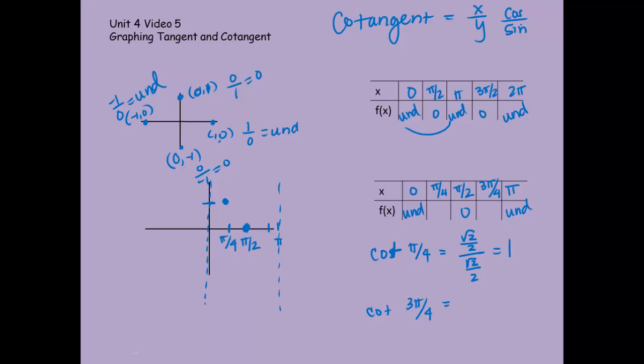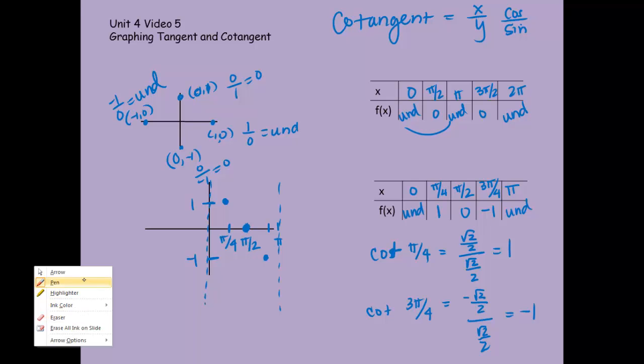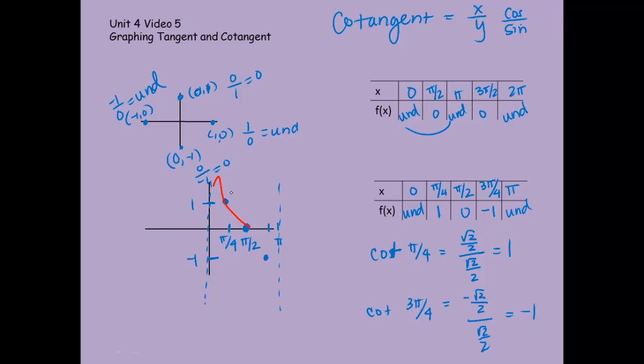And if we were to look at the cotangent of 3 pi over 4, where our cosine is negative, we end up with negative 1. So it does look very similar to our tangent graph, although it is shifted, and it kind of looks like it's backwards.